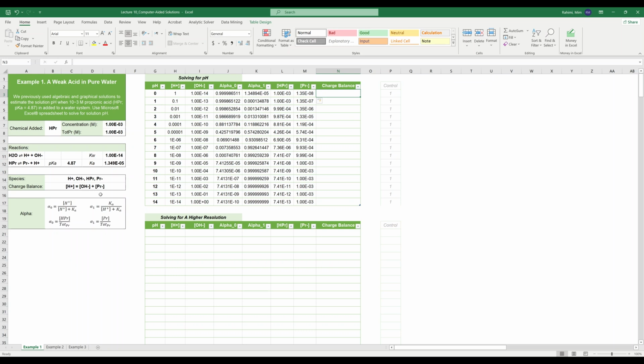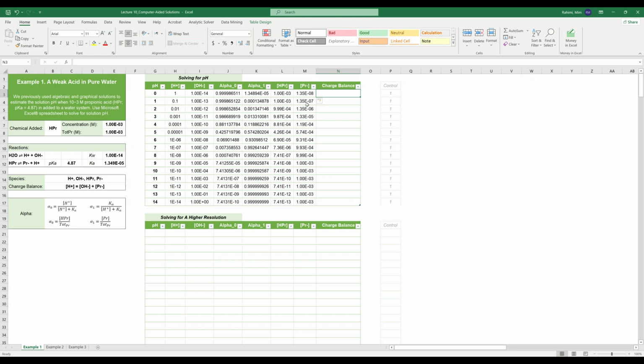And our strategy in the graphical solution was basically where these two lines, the first line H plus, the second line OH minus plus PR minus, would cross. That would be our pH, the point that satisfies charge balance.